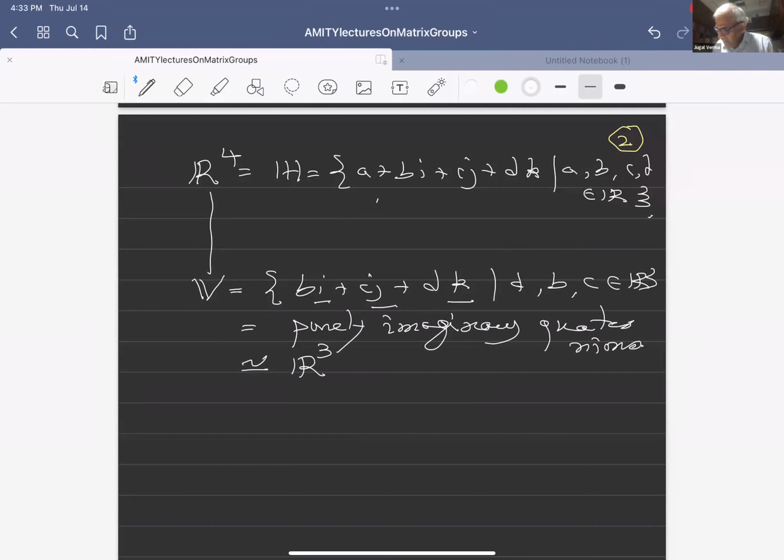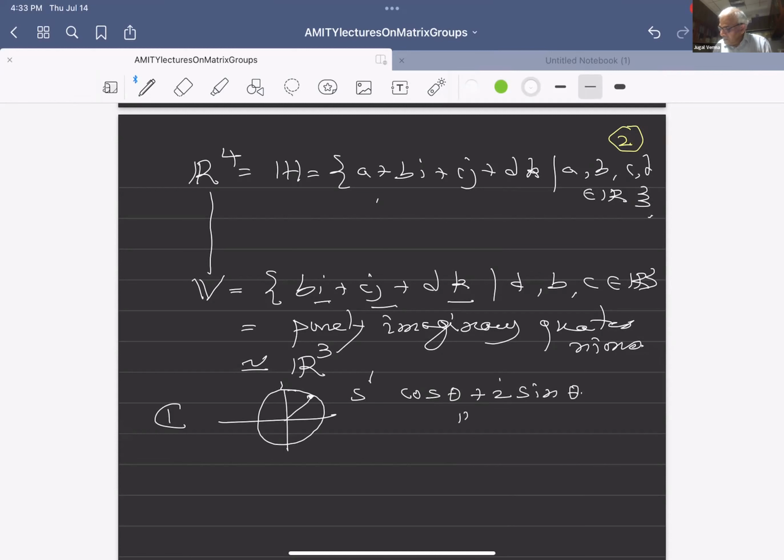Now in complex numbers, if you take the complex numbers whose absolute value is 1, they form the unit circle, and points on the unit circle can be parameterized as cosine theta plus i sine theta.